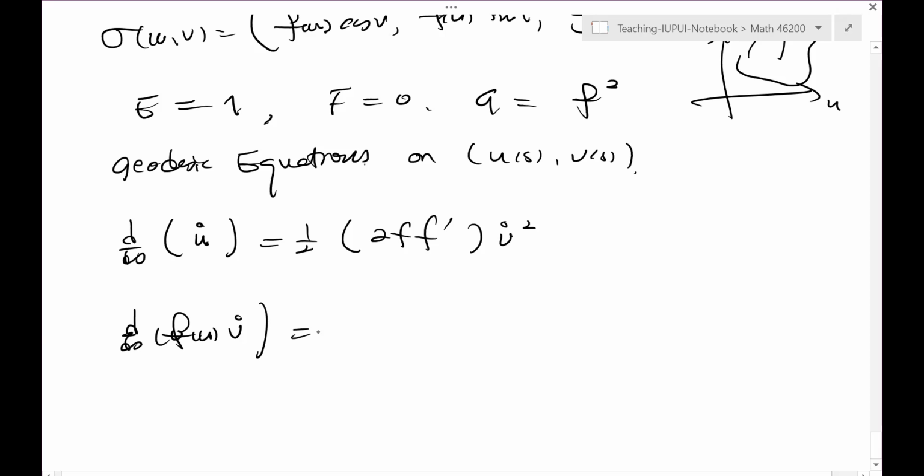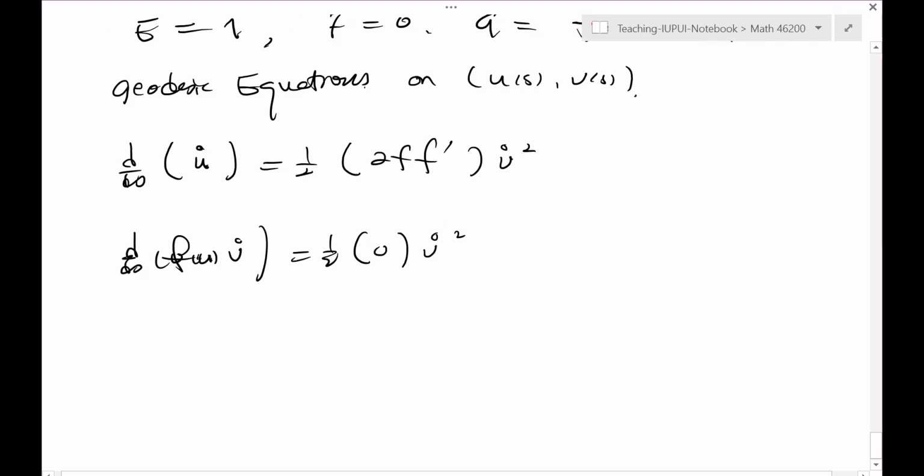And then half of E_v and F and G_v, G_v I think is also 0. So the second equation looks pretty simple. So we get v dot.